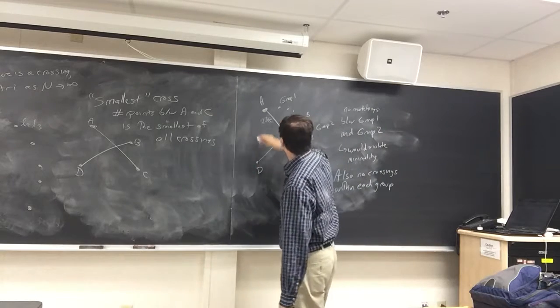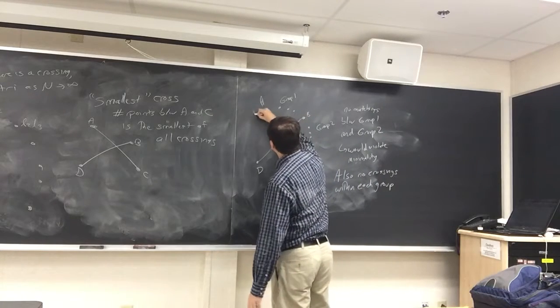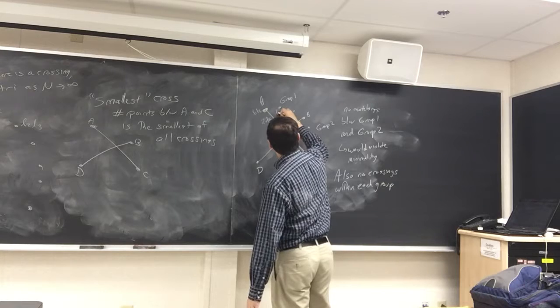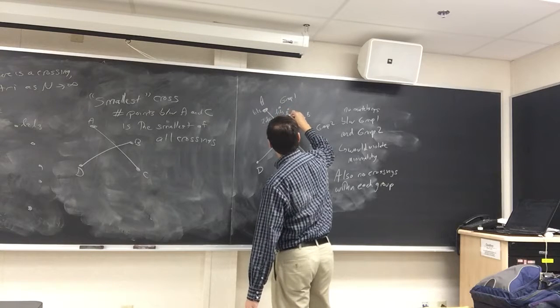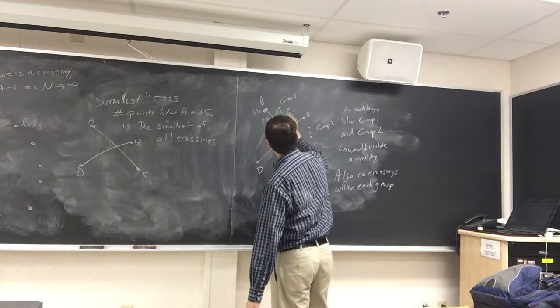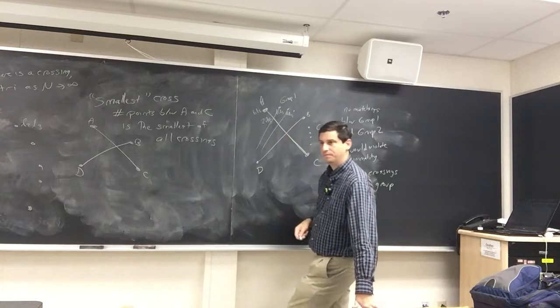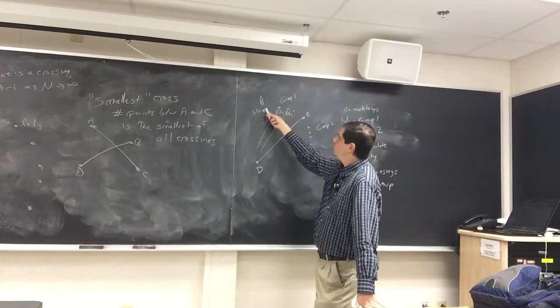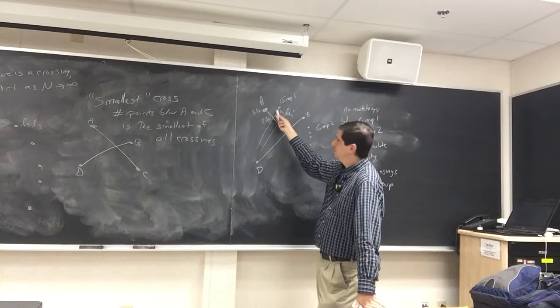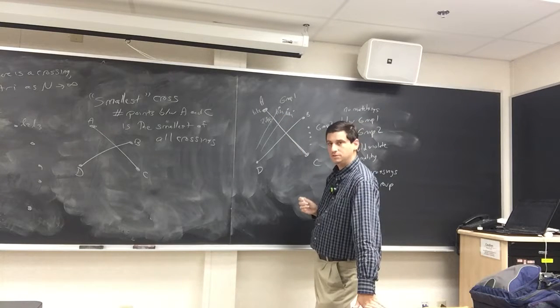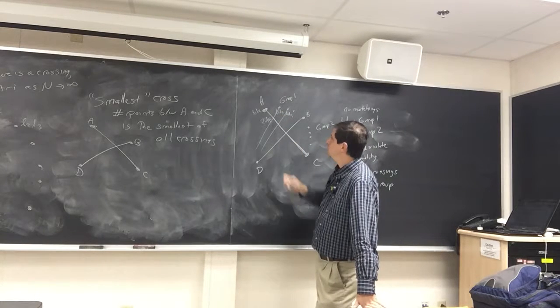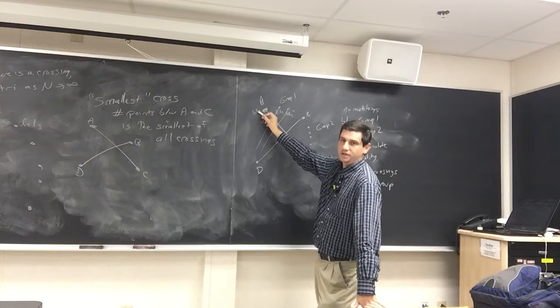So if this was L1, L2, L2, L3, L3, L4. Let's say these are coming down and through here. L2 is free, right? I'm sorry, L2 was determined from here.